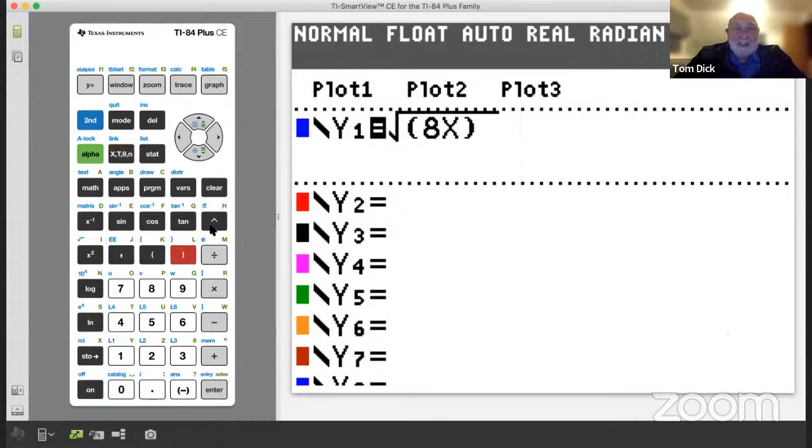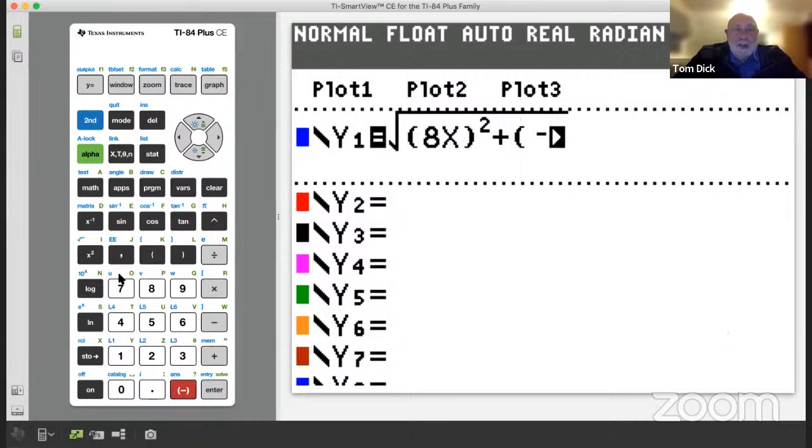So 8x squared under the square root sign, plus negative 16x squared, plus 240.